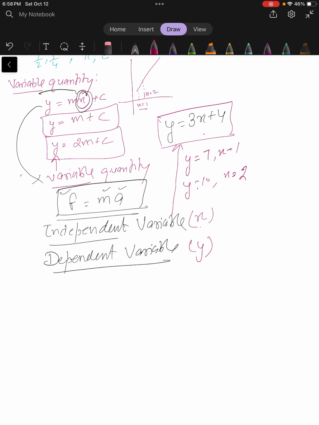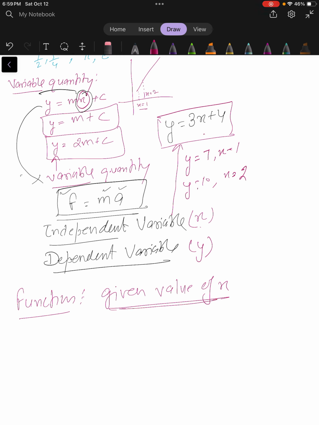Okay, now another term comes into the picture: function. So what is a function? Let's understand the definition of a function in simple words. Consider a given value of x.